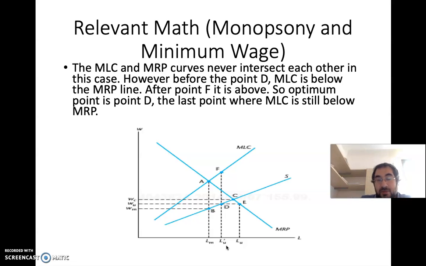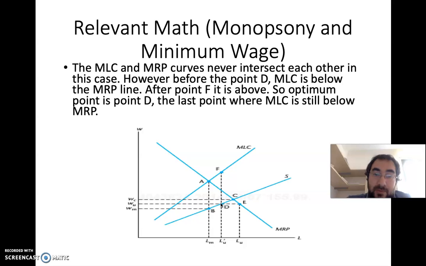By shifting the increasing costs the company faces at higher levels of employment to the earlier employment levels, you encourage the company to increase its labor, all the way up to LU.